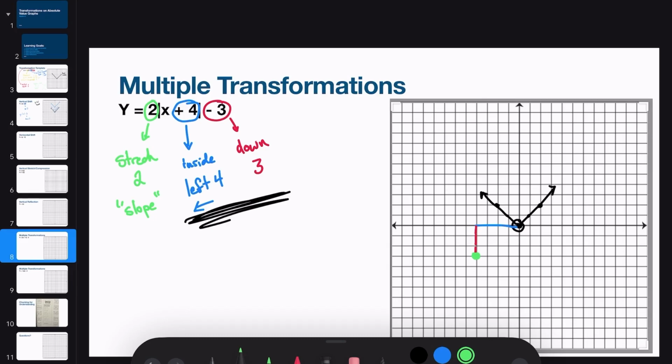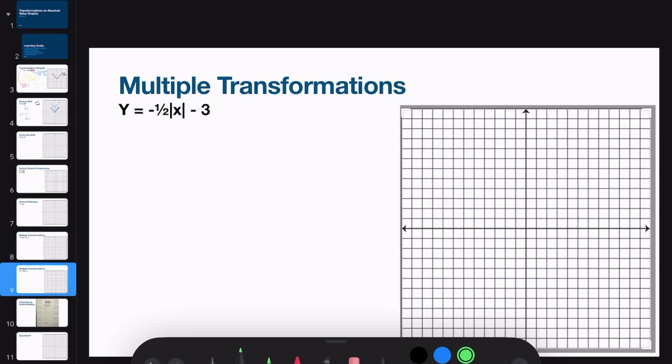Now from that point, we do our stretch of 2. From this origin point, we're going to go up 1, 2, left 1, and do a slope of 2, and do it in the other direction. And that is where our new absolute value transformation is going to be.